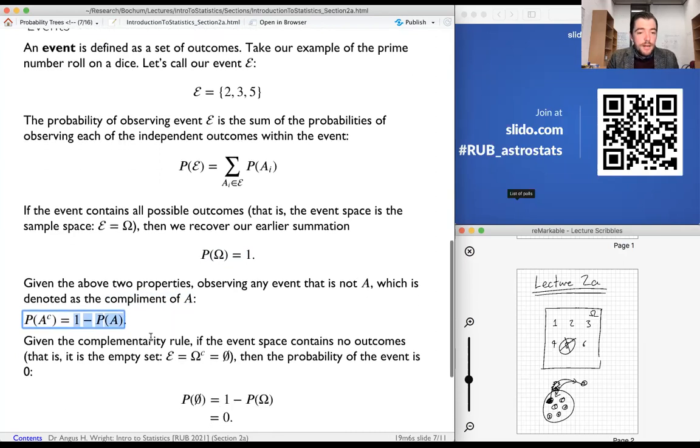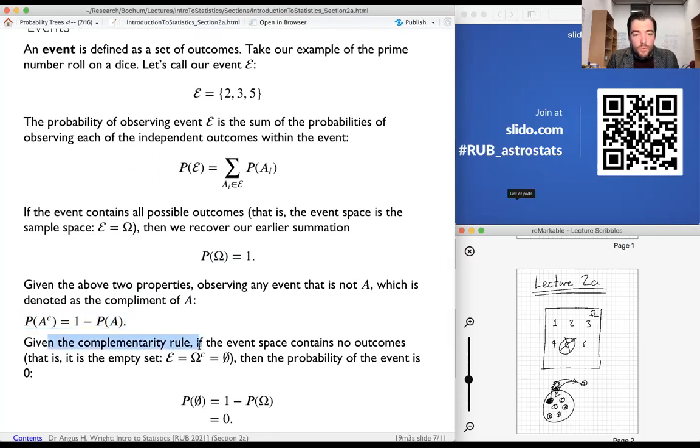And the last thing is that, given this complementarity rule, if the event space contains nothing, if it doesn't contain any valid outcome, then because the complement of the empty event space has to be the full sample space, the probability of observing an empty set, an empty event, is 0.